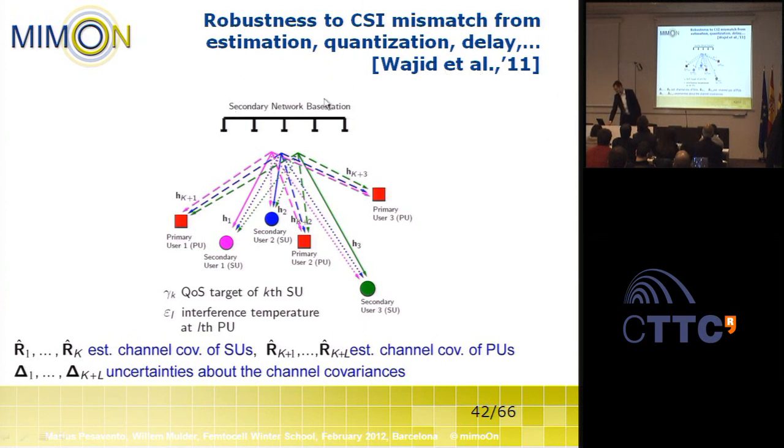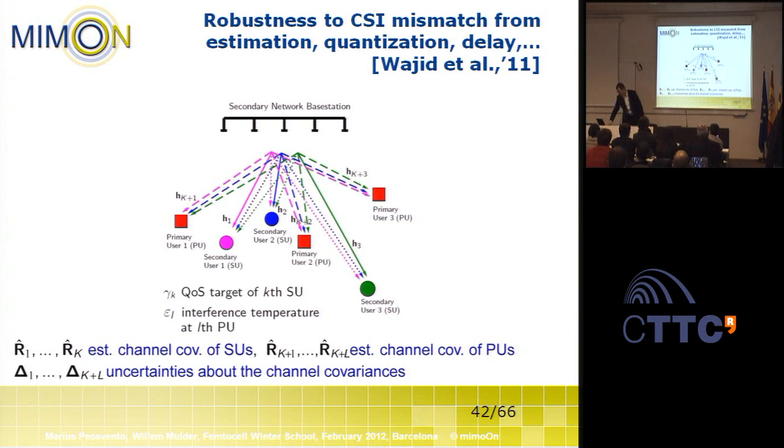There's a work by my colleague Imran Waid that was published in 2011, where we consider the case of estimated channel covariance matrices denoted by R hat 1 to R hat K plus L for the femtocell and macrocell users. And these are estimated channel covariance matrices which have, of course, a particular mismatch.